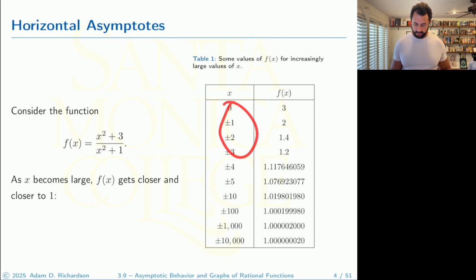So very close to the origin, f of x is spitting out these numbers, but then as x gets larger, you'll see that the numbers start getting really, really close to the number 1, like 1.11, 1.07, 1.01, 1.0001, 1.000002, and so on. So basically, as x is getting really large, the output values, f of x, are getting really, really close to the number 1. They're converging to the number 1.